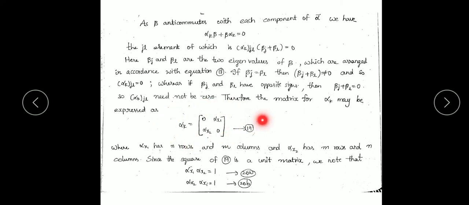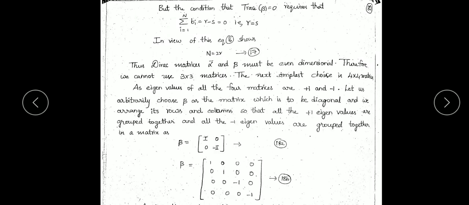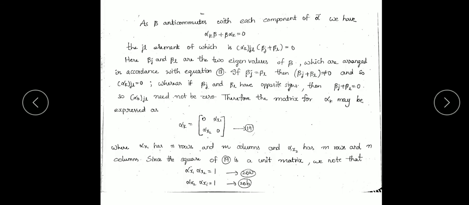This is that form: 0, sigma, sigma, 0. Here we have considered a 2 by 2 matrix, like I, 0, 0, minus I, where I is a 2 by 2 identity matrix. These blocks are also 2 by 2 matrices.